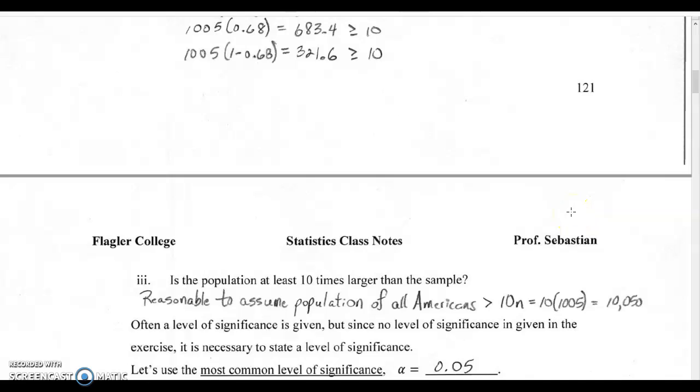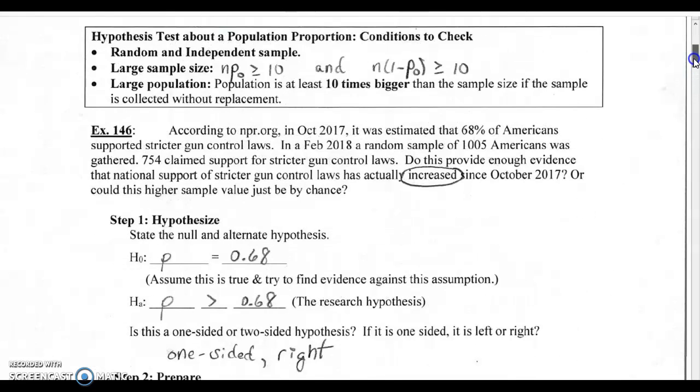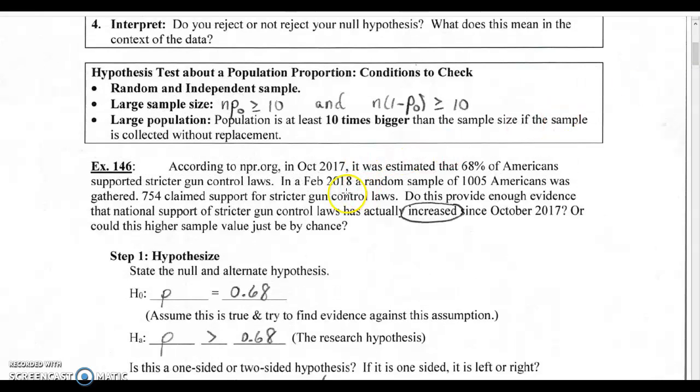We're now on page 122 and we're working our way through a hypothesis test to determine if we have enough statistical evidence to show that American support for stricter gun control laws has increased from October of 2017 to February of 2018, where in October 2017, we got about 68% of Americans supporting stricter gun control laws, and we did a sample in February of 2018, saw it was around 75%.